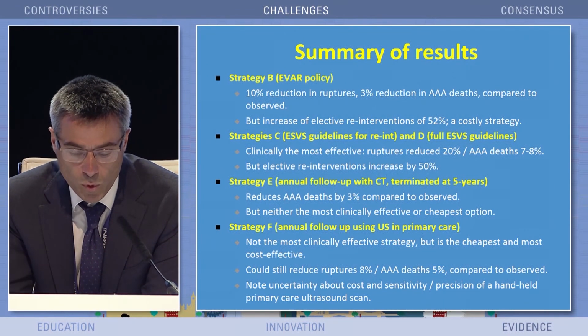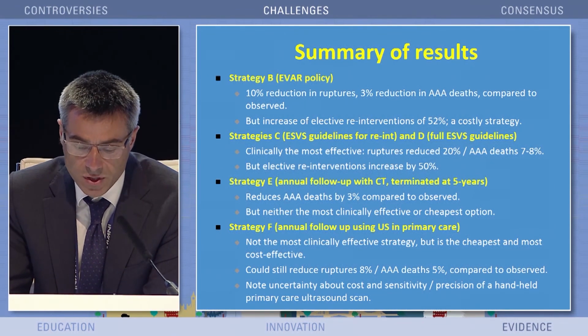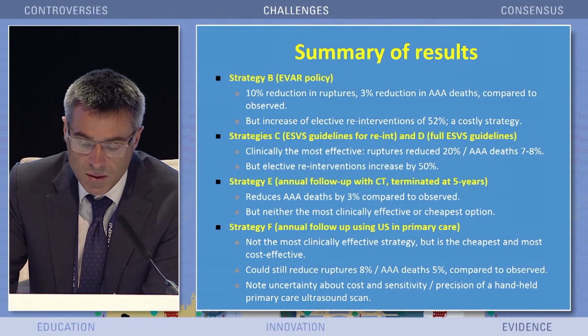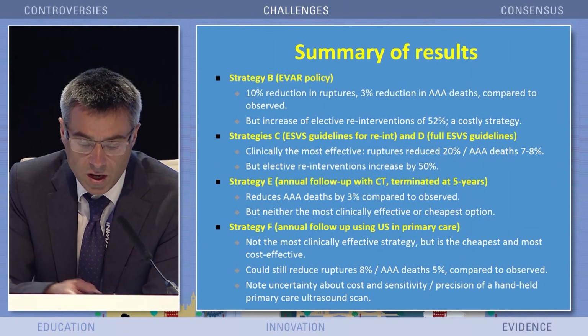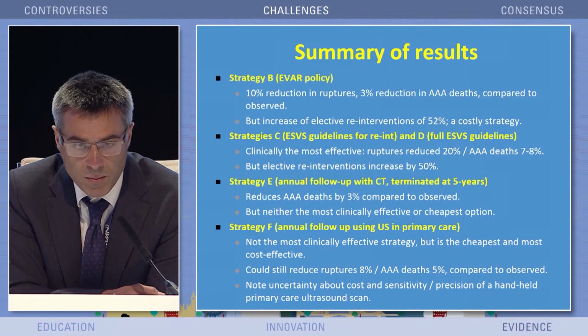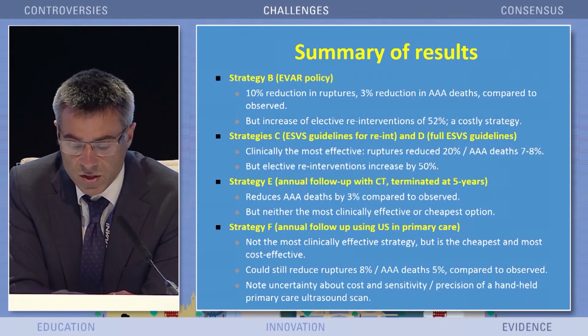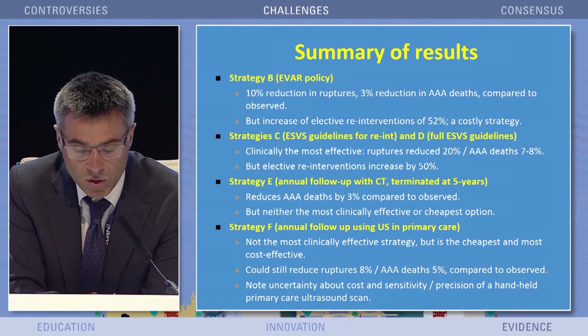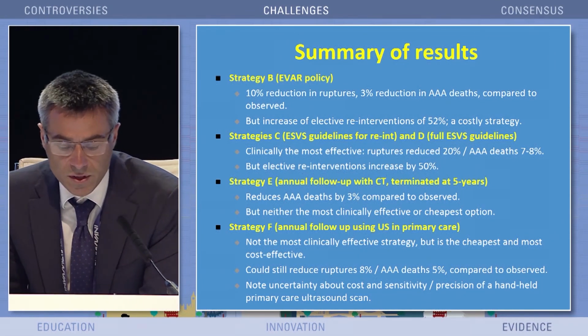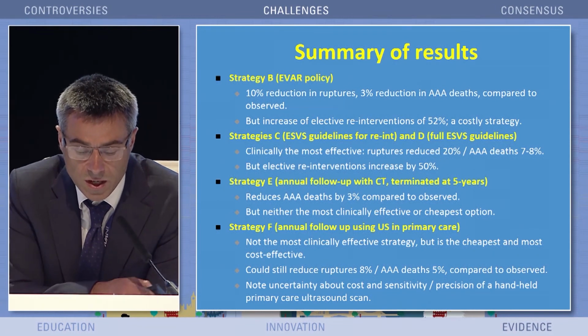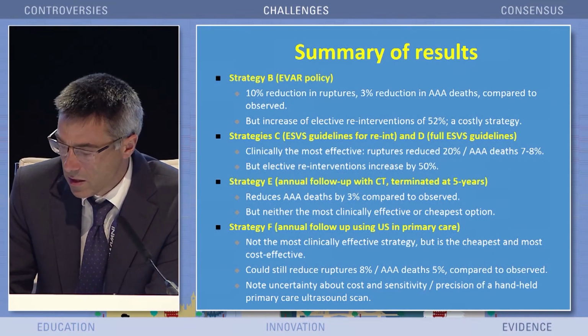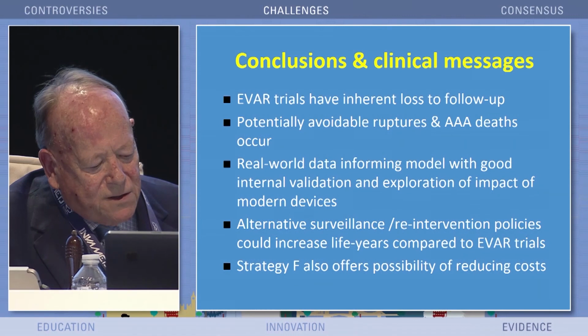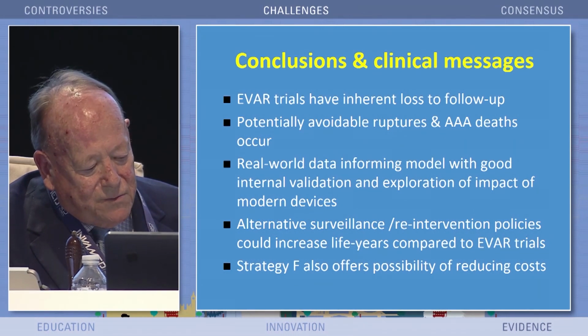So using that strategy, we could reduce ruptures and aneurysm-related deaths, but we have uncertainty about some of this modelling. There is much uncertainty about the costs and sensitivity or accuracy of using this handheld ultrasound scan in a primary care setting. EVAR trials have inherent loss to follow-up.